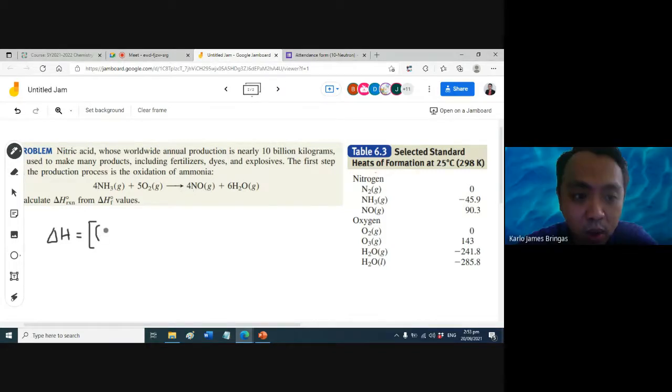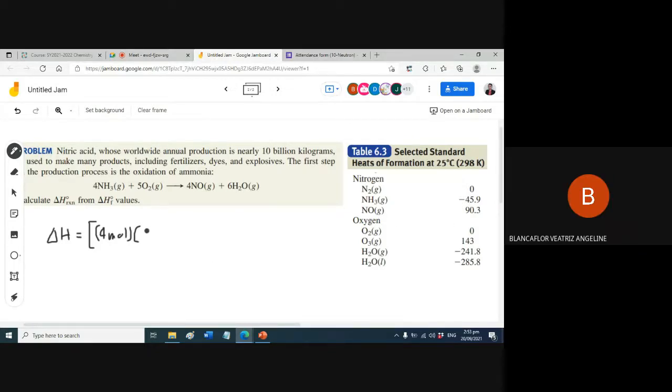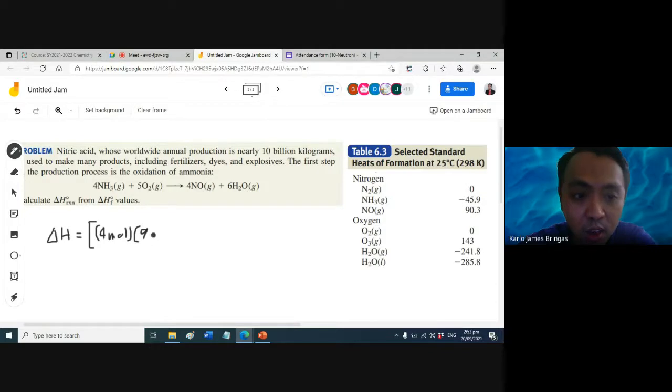Okay, so I write 4 moles para kay NO times ano ba ang heat of formation ni NO? Based on our table over here. 90.3 po. Okay, thank you. 90.3. Ang unit nito is kilojoule per mole. So that takes care of one product. So the other product that we have is oxygen.